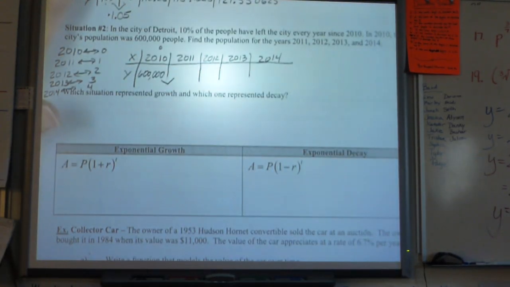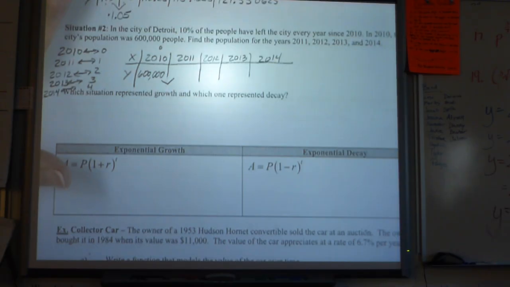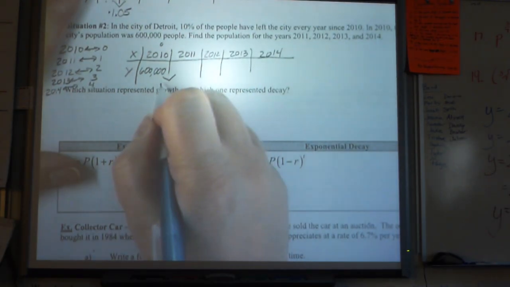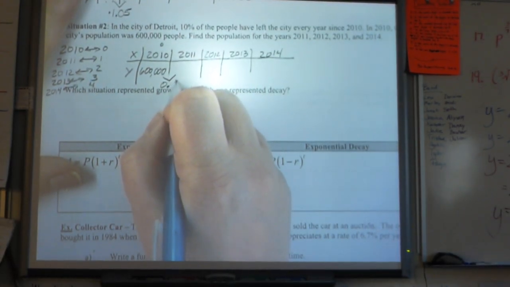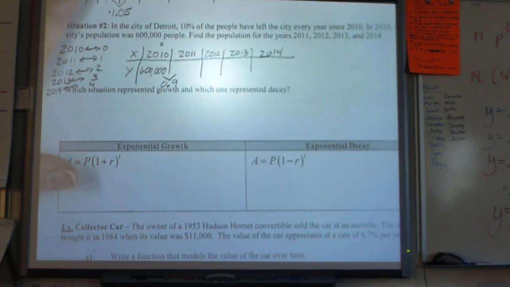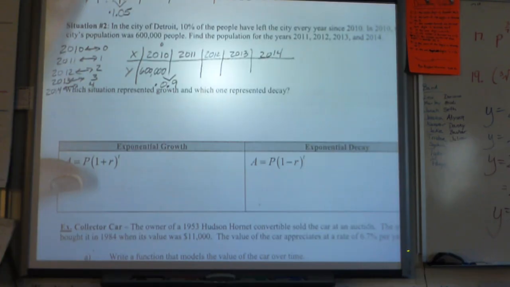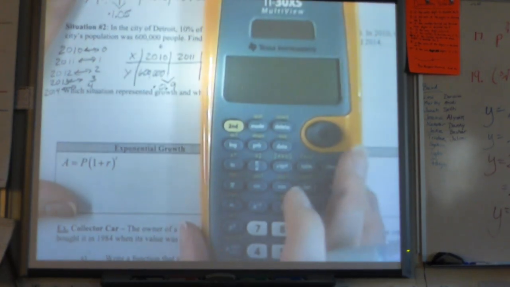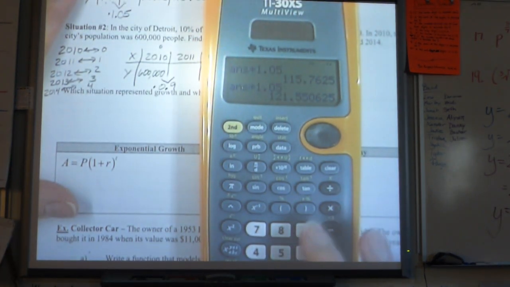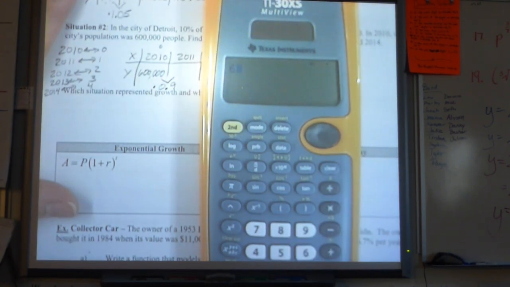In my calculator, 90%, 90 per 100, 90 hundredths, right? So that's 0.9. Okay, 90 over 100, 0.9. So 600,000 people times 90%, times 0.9. That leaves us with 540,000 people.